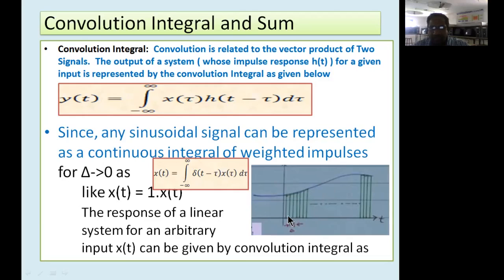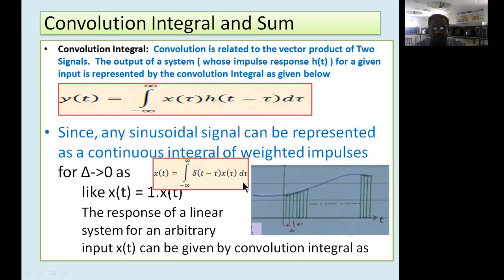If delta tends to 0, we get the impulse response. By that, we get the overall response of the system y of t. So we can say that the system gives us a convolution integral. So this integral is known as the convolution integral of the system, right?